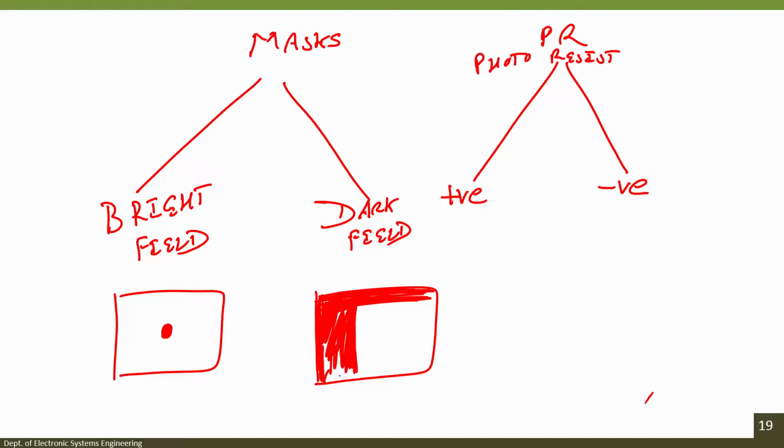I am drawing a dark field mask for you, so that you understand. I will also show it to you, like I said, how the mask looks. Just to quickly explain how the dark field mask schematic looks like, I will just draw this one quickly.